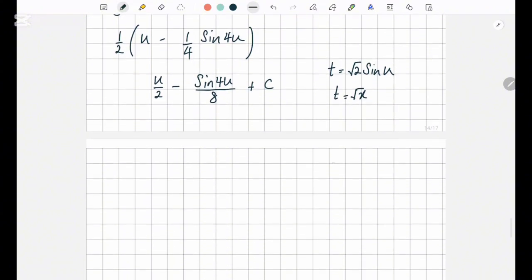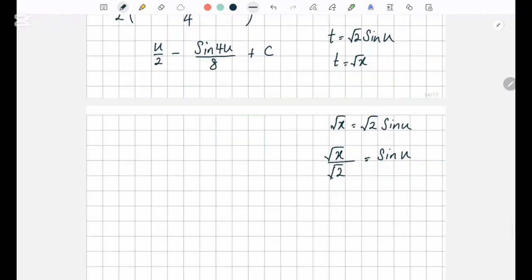So you could write root x equals root 2 sine u, and root x over root 2 equals sine u. Okay, and now you could write u equals sine inverse root x over root 2, right?